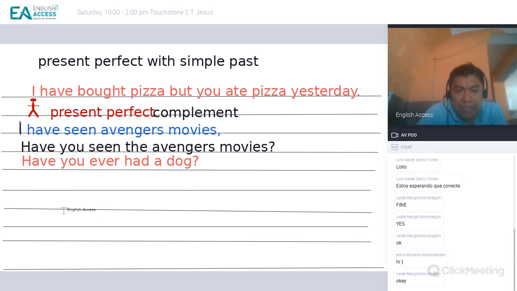But in the questions, the present perfect is divided into sections. First is have, and in the middle is the subject.